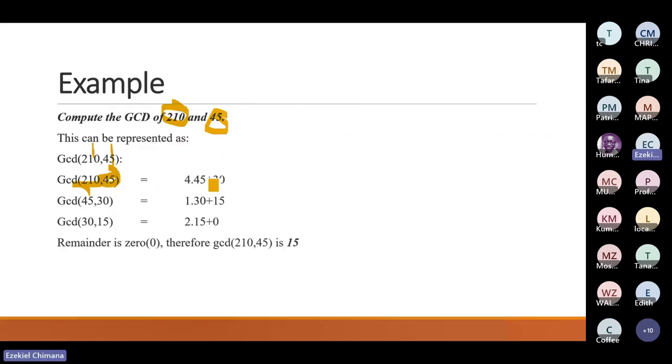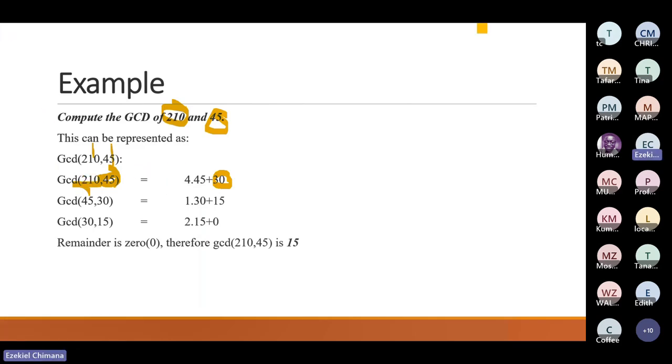So 45 into 210 goes 4 times, but it leaves a remainder of 30. So 4 times 45 plus 30 gives 210.